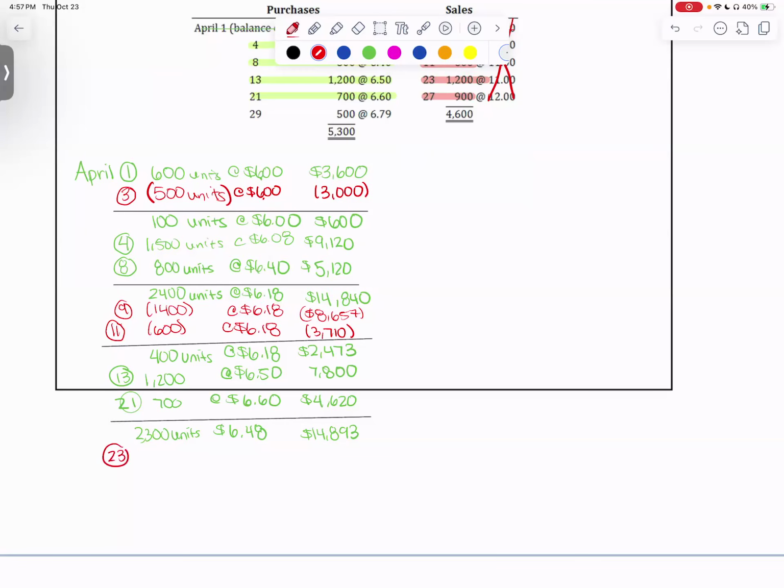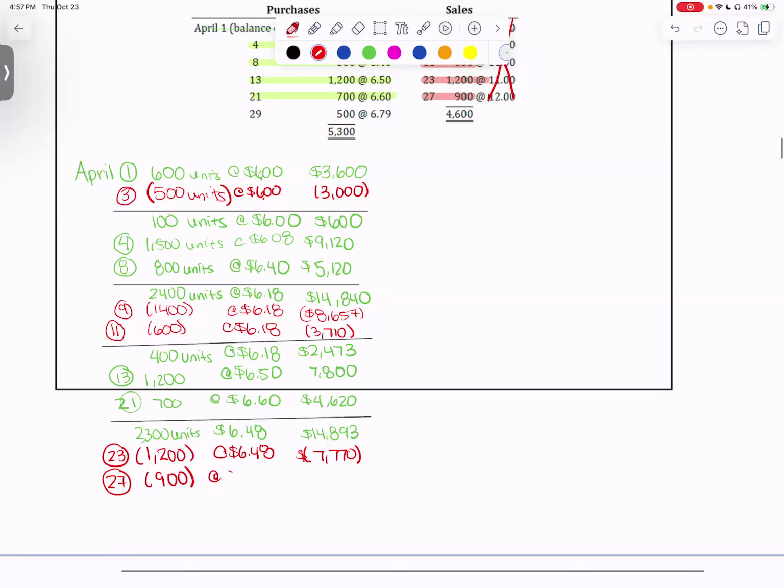On the 23rd, we're going to subtract 1,200 units at $6.48 for a total cost of goods sold for that sale of 7,770. On the 27th, we sold 900 units at $6.48 for a total cost of goods sold of 5,828.